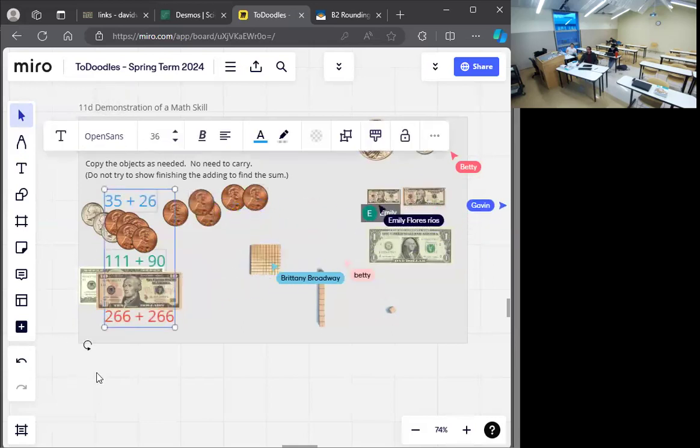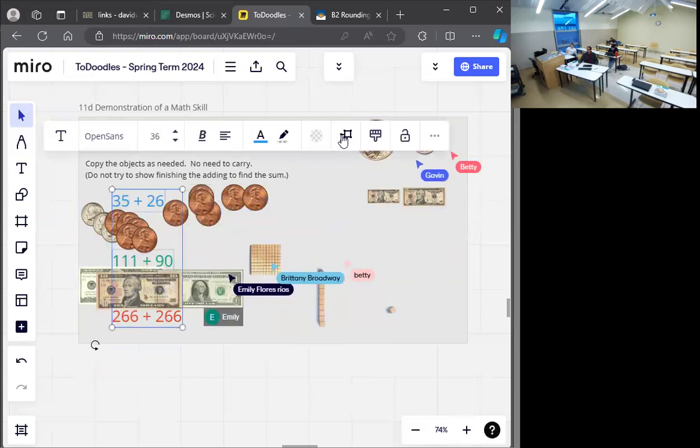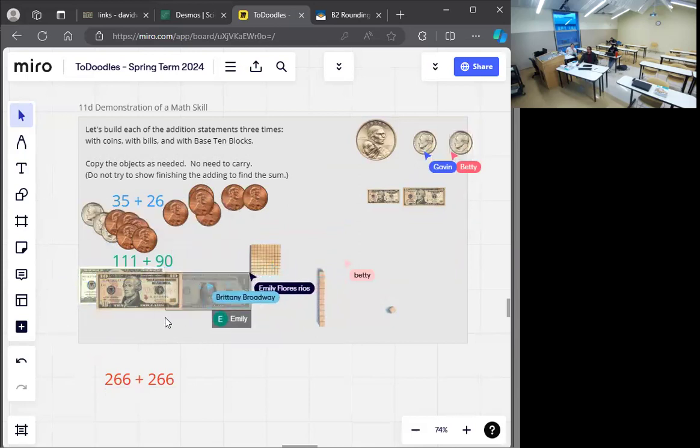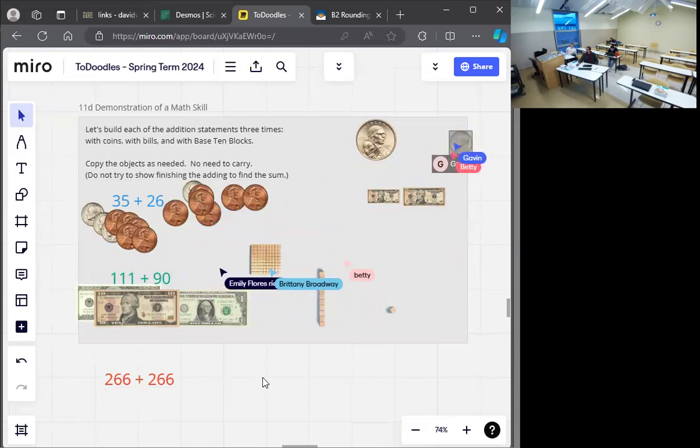And I can separate these out a little, so there's more of them. Oh, spread them out.